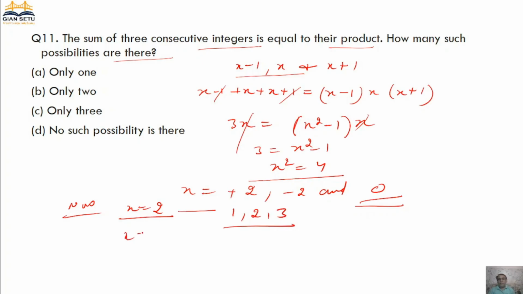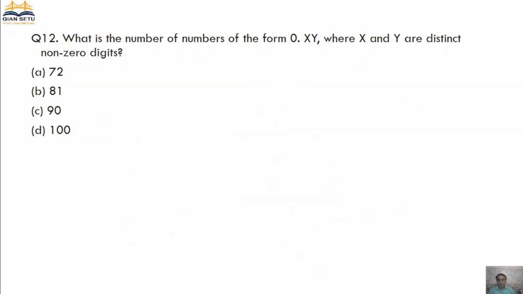When x is equal to minus 2, the integers will be minus 3, minus 2, minus 1, and when x is equal to 0, the numbers will be minus 1, 0 and 1. So there are three possibilities. Okay, so only three. Answer is C here.